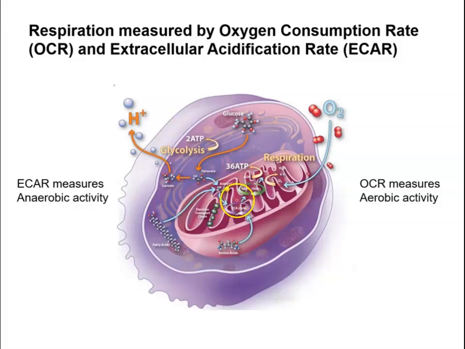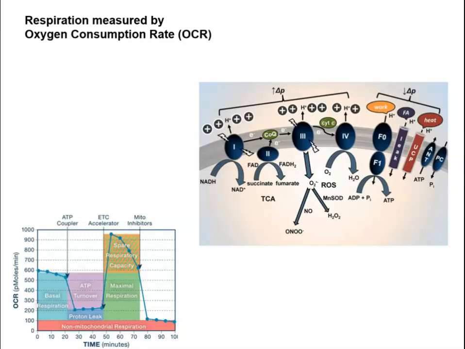Remember, those hydrogen ions that are in this membrane, depending on how much lactate there is, that's also lactic acid, right? It changes the acid concentration of the cells. So we can actually measure those things with different instrumentation.